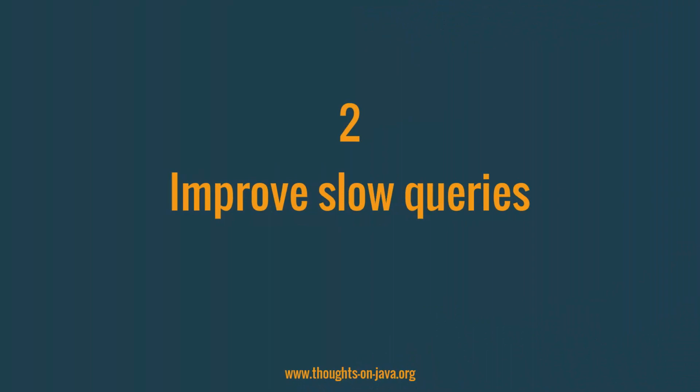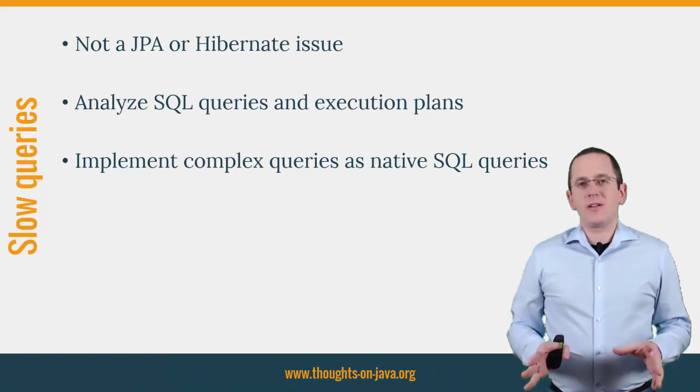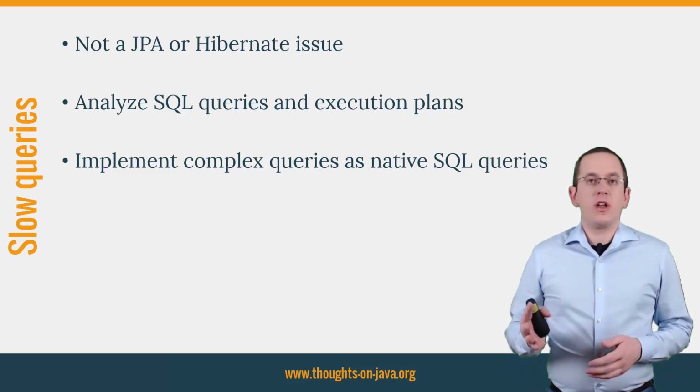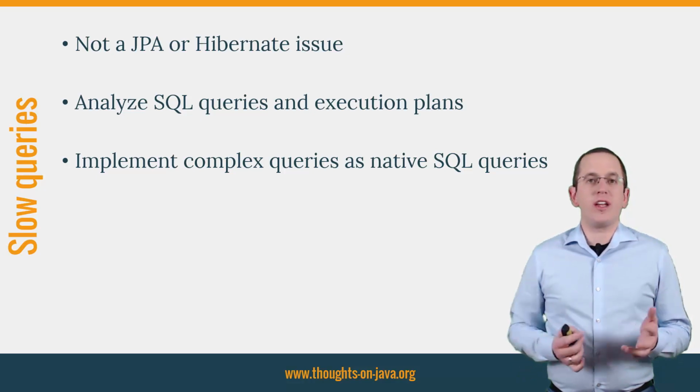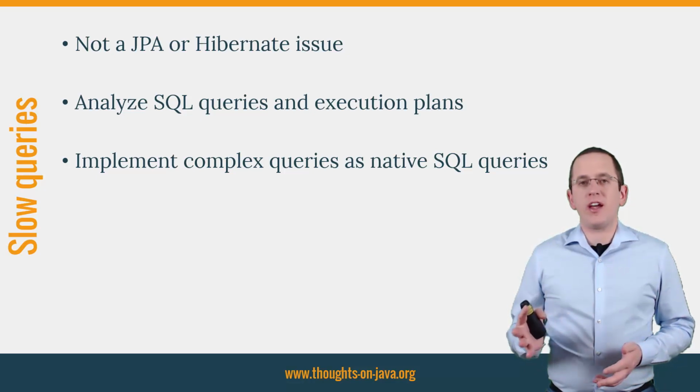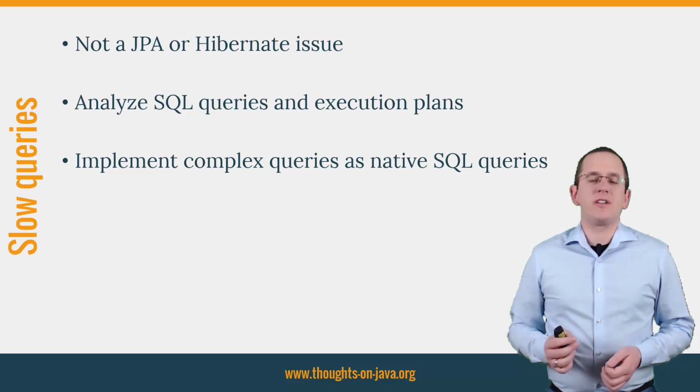Tip number 2. Improve slow queries. Slow queries are not a real JPA or Hibernate issue. This kind of performance problem occurs with every framework, even with plain SQL over JDBC. You need to analyze and fix them on the SQL and database level.